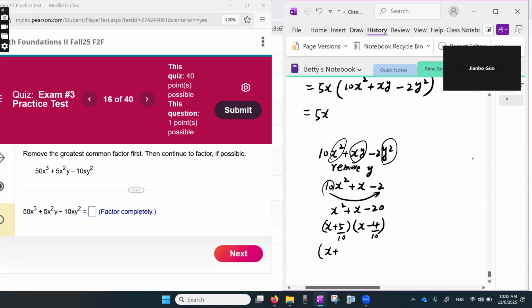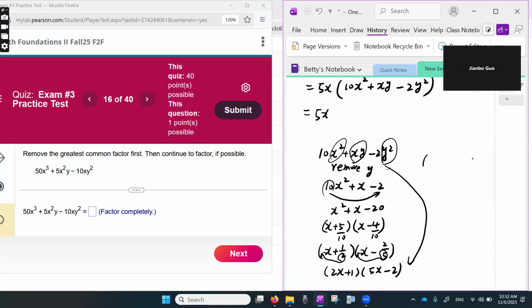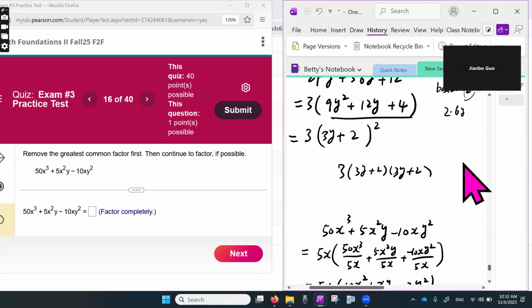We have x plus 1/2 here, and here is x minus 2/5. And then slide back. We have here, and then a 2x plus 1, and 5x minus 2. Okay, now we are going to bring y back, right? Yeah, 2x plus 1 times y, and 5x minus 2 times y.